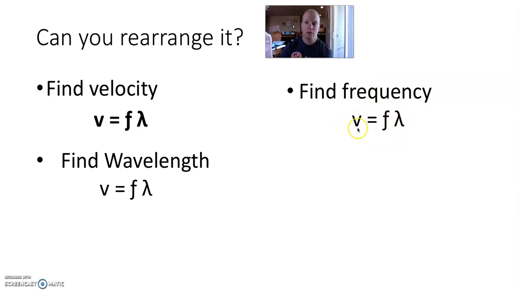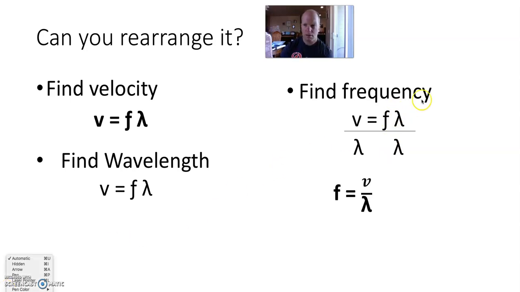And we're going to use just some quick algebra skills, see if we can rearrange this, you guys. So if I want to find frequency, that's this f right here, right? So how do I get that by itself? Well, I'm going to divide, because the opposite of multiply is divide, right? If we're multiplying here, we're going to divide to kind of undo it. So we get those guys set up, right?